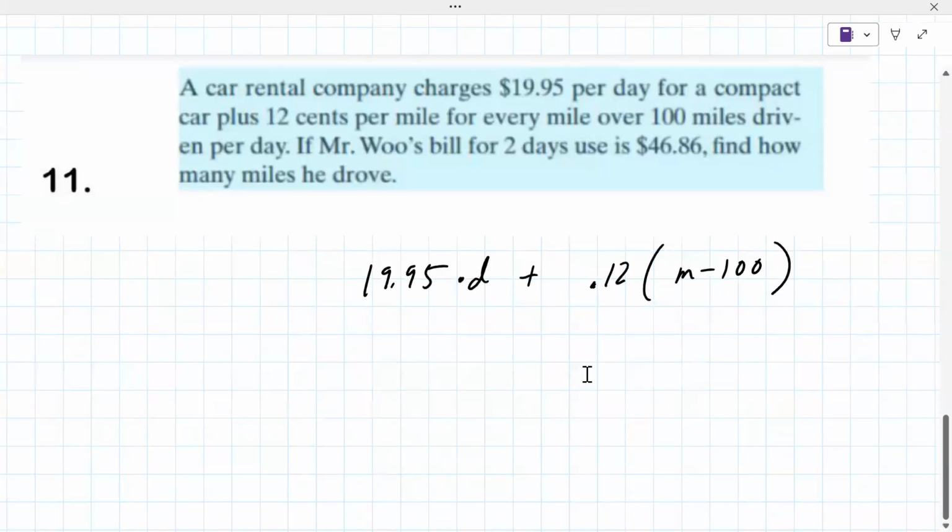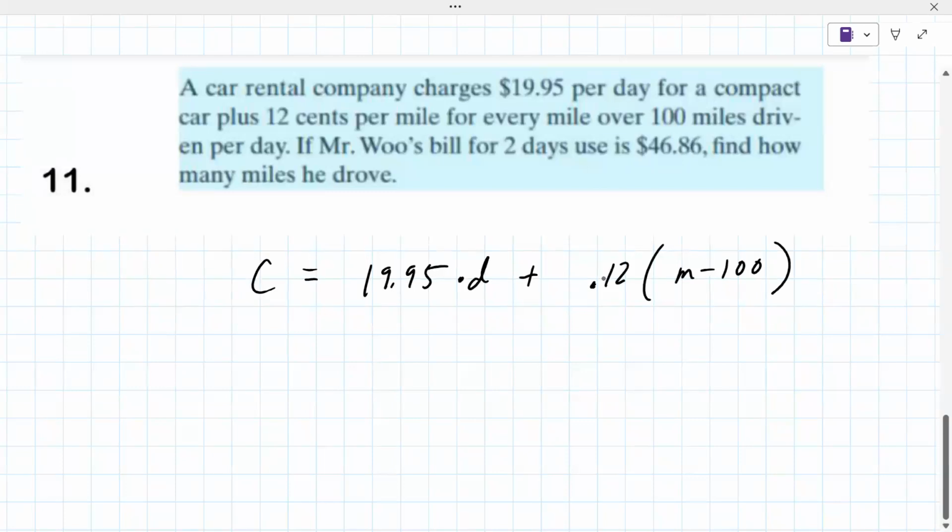So if it's less than 100, we basically ignore this part. But since we're pretty sure he drove over 100 miles, we're going to carry this out this way. So this is his cost.